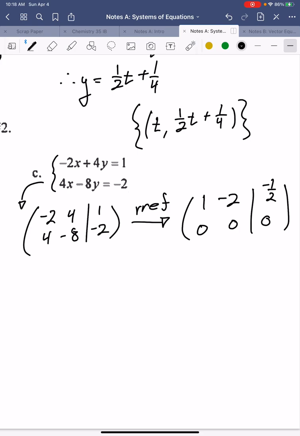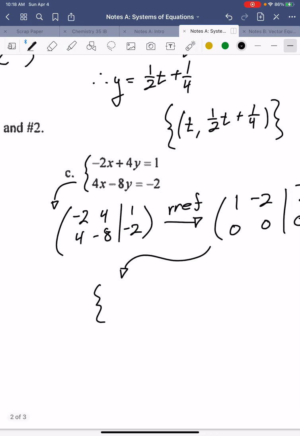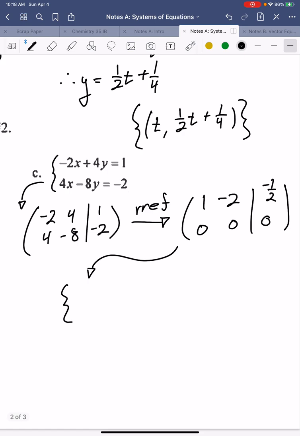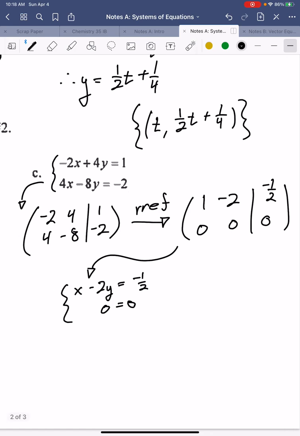Okay, so turning it back into a system, it means that x minus 2y is -1/2, and 0 equals 0. So when 0 equals 0, you can have infinite solutions for x or y, so you can make x equal to t. Always put let.